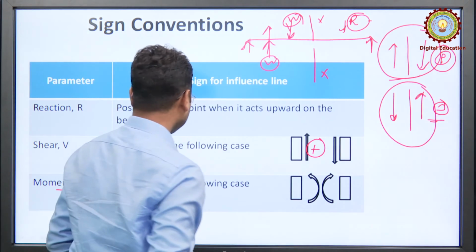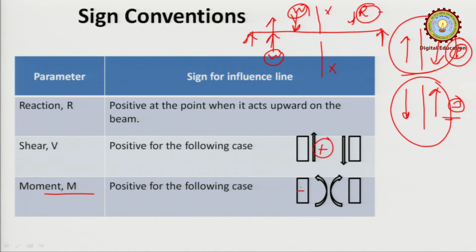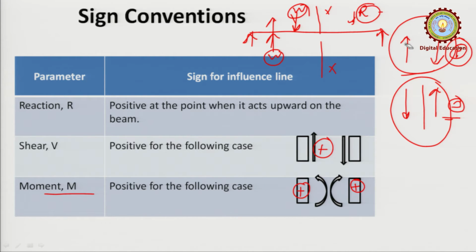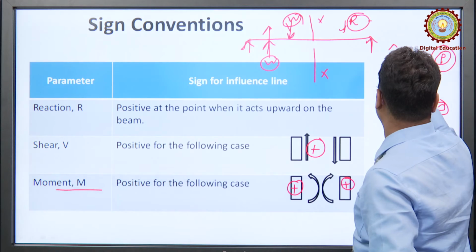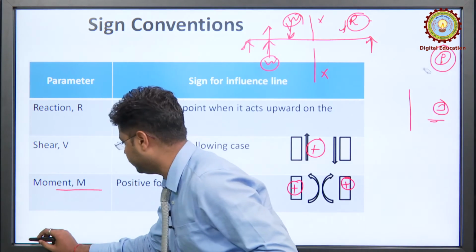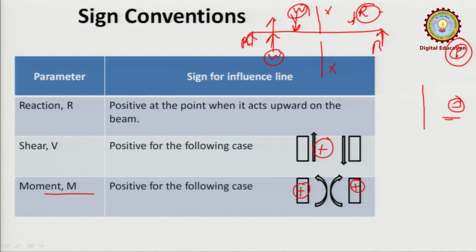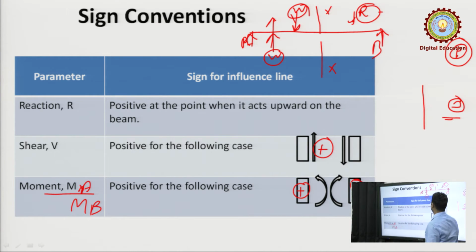Now for the moment, the positive for the following case, for example, we have a beam having supports A and B, and we have to find a moment about A or moment about B. If you have to find a moment about B, you can easily take a sign like going in a clockwise direction or anti-clockwise direction.